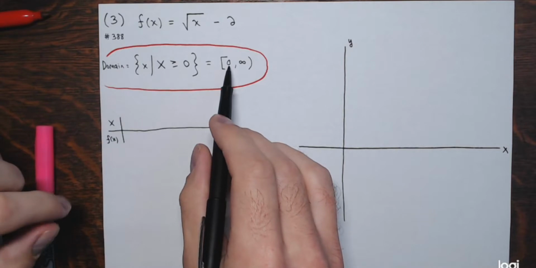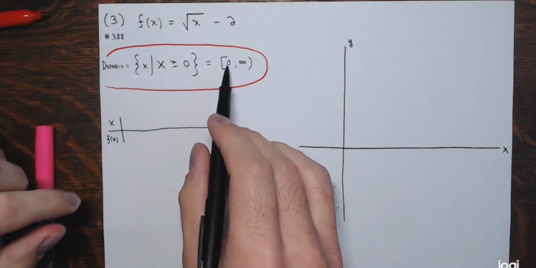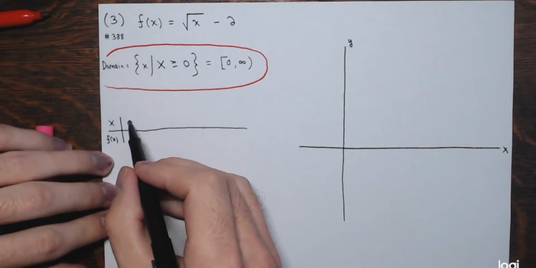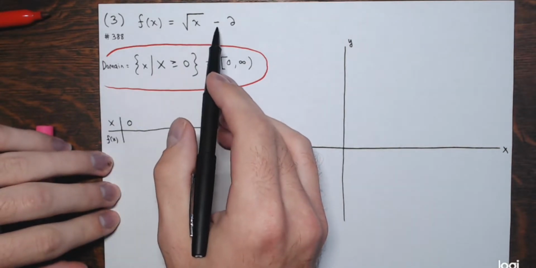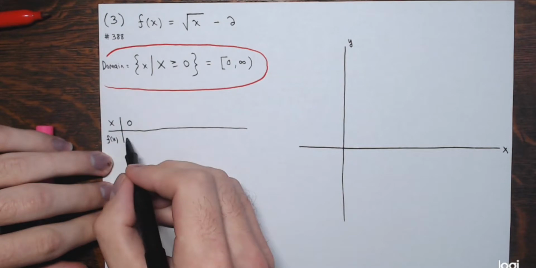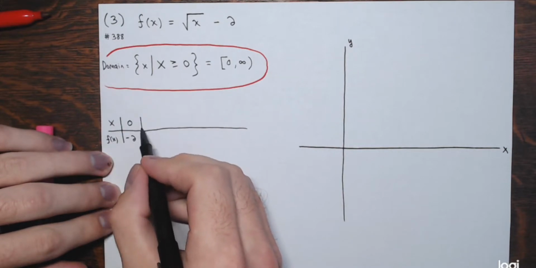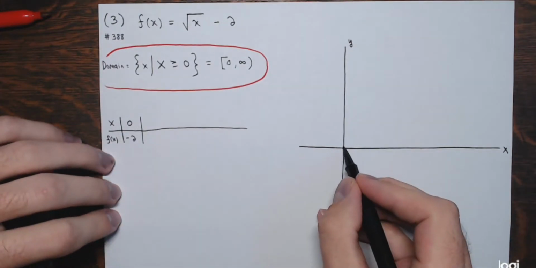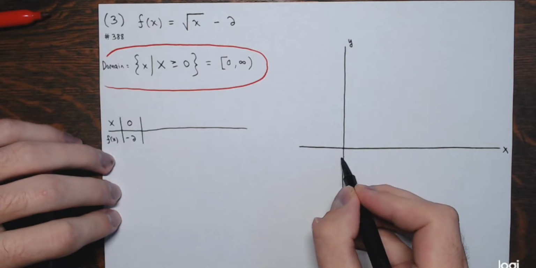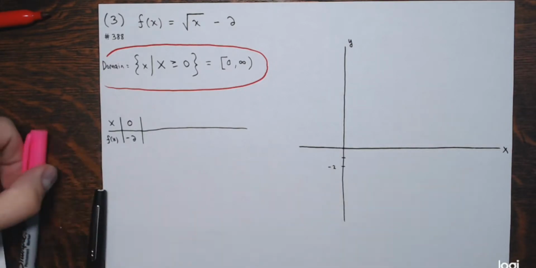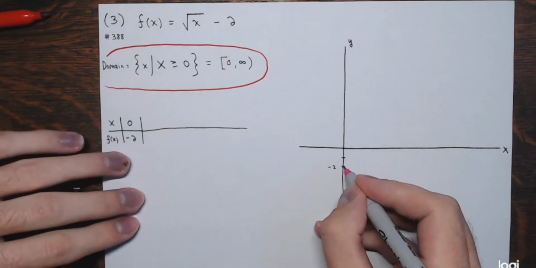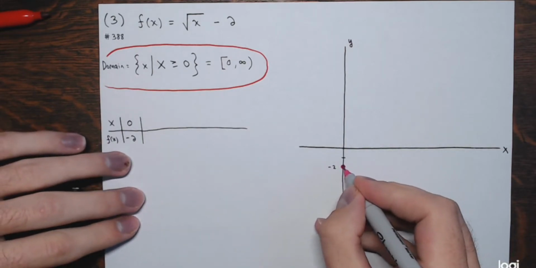The only values I'm allowed to plug in are 0 or greater. So if I plug in 0, the square root of 0 is 0, but then you have this minus 2. So the output would be negative 2. Right, so 0 for x, and then negative 2 for y. So starting here, 0, negative 2.